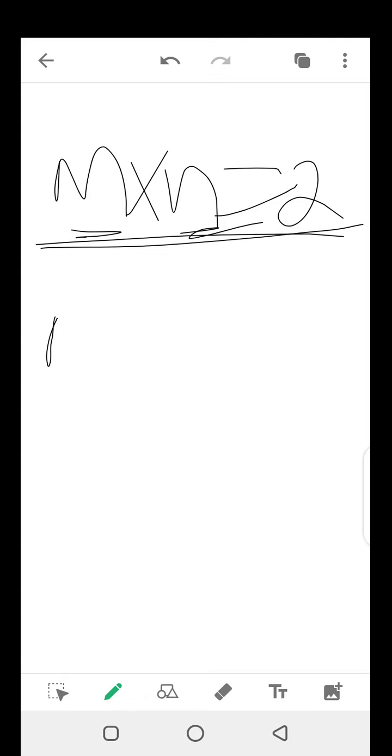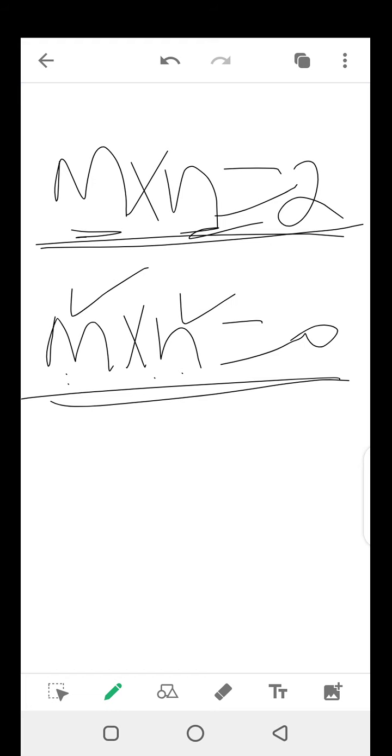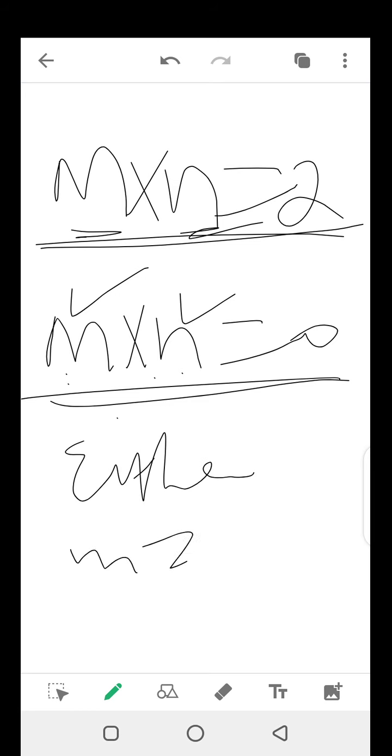However, if someone says m times n equals 0, here it means that you can easily find the value of m or n, because the moment this product is equal to 0, it means that either m is 0 or n is 0. And mathematically you can say that either m equals 0 or n is equal to 0.